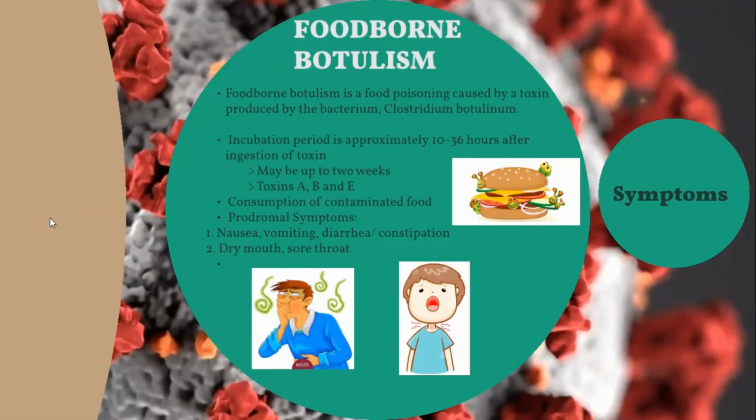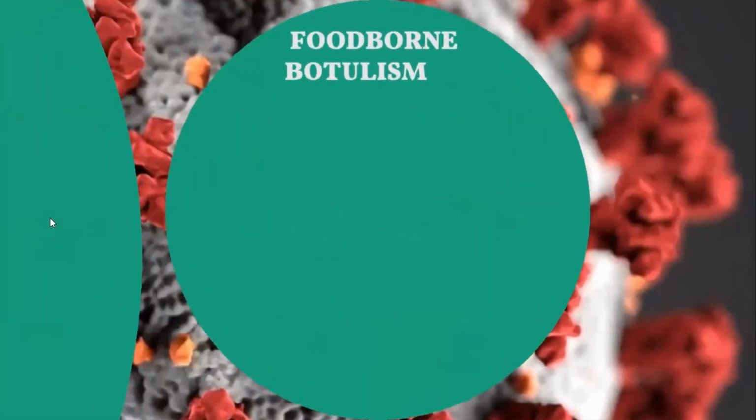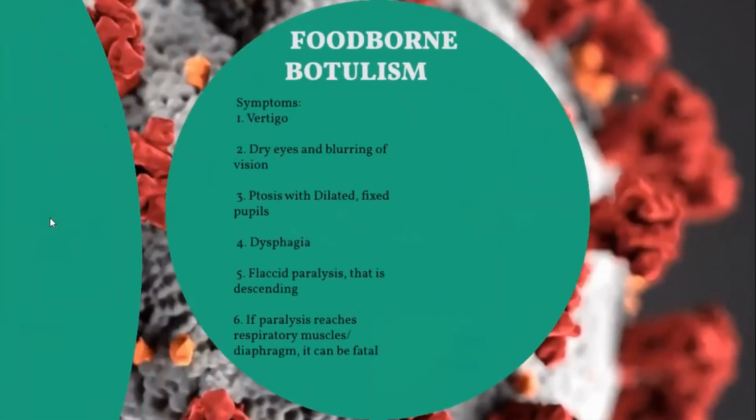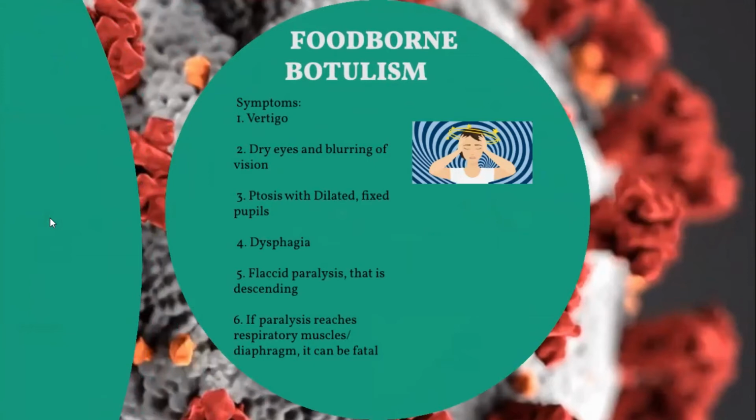The prodromal symptoms, or the early symptoms, of foodborne botulism include nausea, vomiting, diarrhea, or constipation. You will also notice dry mouth and sore throat with this condition. The symptoms of foodborne botulism include vertigo, dry eyes, and blurred vision due to the effects of the toxin on the cranial nerves.